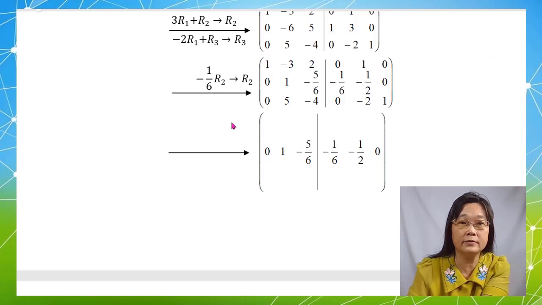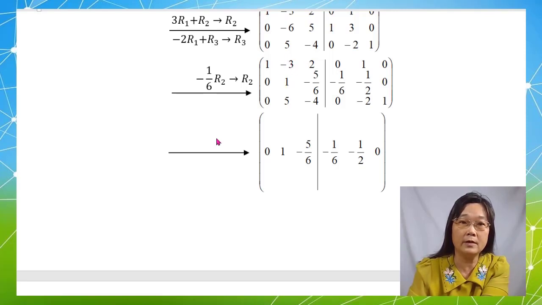First, I need to determine the suitable operation. So now in order to change this target element negative 3 to 0, I need a positive 3. So this positive 3, I can get it from row 2. Means I can multiply row 2 with positive 3 and add into row 1.